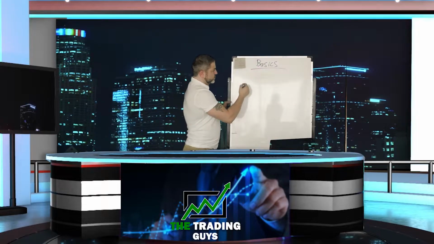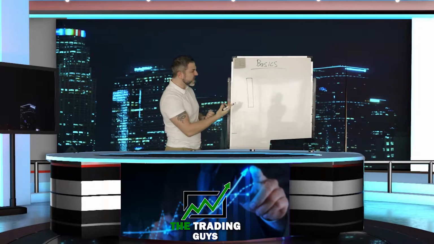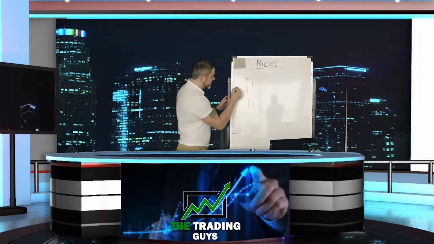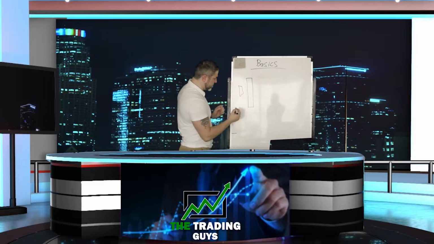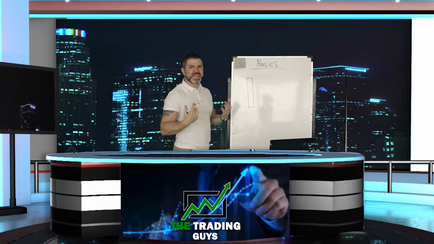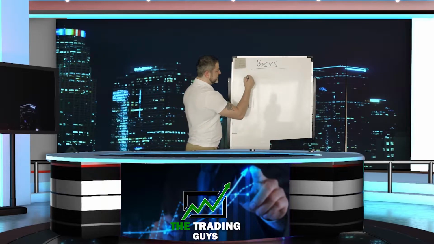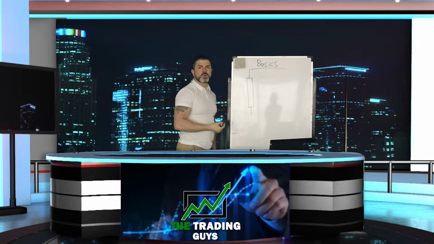Now, you have candles. So here is what a candle looks like, and of course they can be any size. You might get one that's this size, you might get one that's even bigger than that, you might get one that's just tiny, and so on. But if we just look at this one for now, this is a candle. And this is what's called spikes or pins.